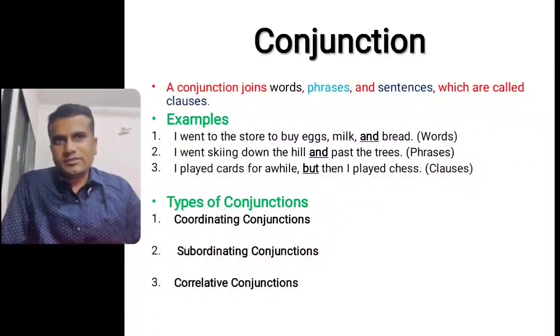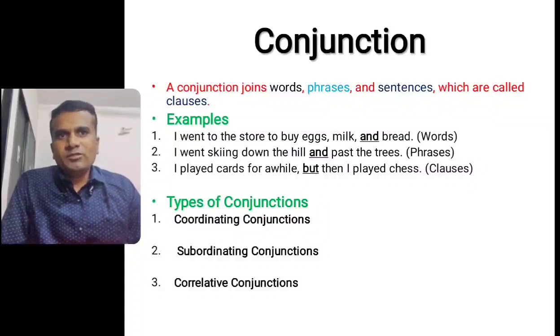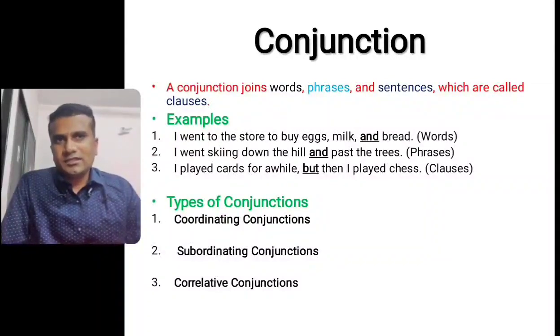In the first example, you will see, I went to the store to buy eggs, milk and bread. Here, three words are there, that is eggs, milk and bread. Here, the words are joined by the conjunction, and here and is the conjunction which is underlined.